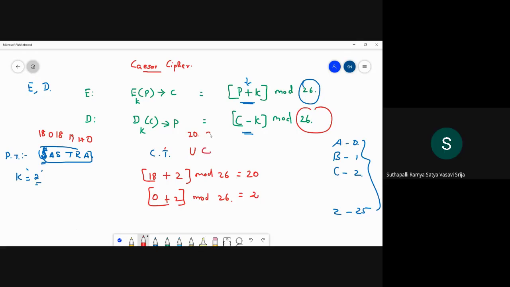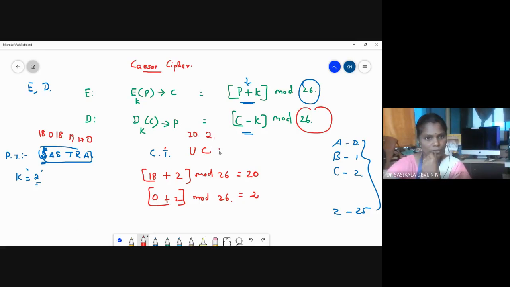And again, you need not compute the same value again, because this is a deterministic cipher. T is 19 plus 2 mod 26. What is the value? This is equal to 21.